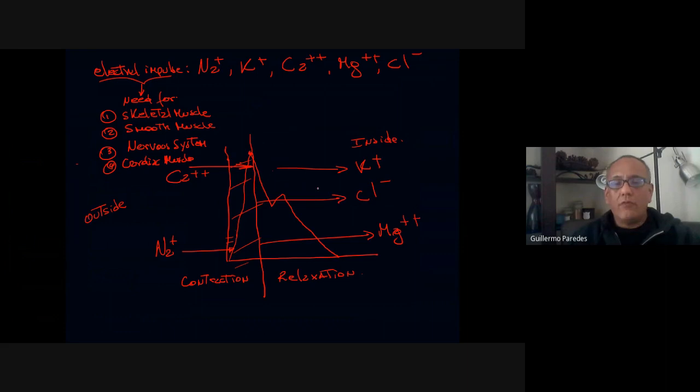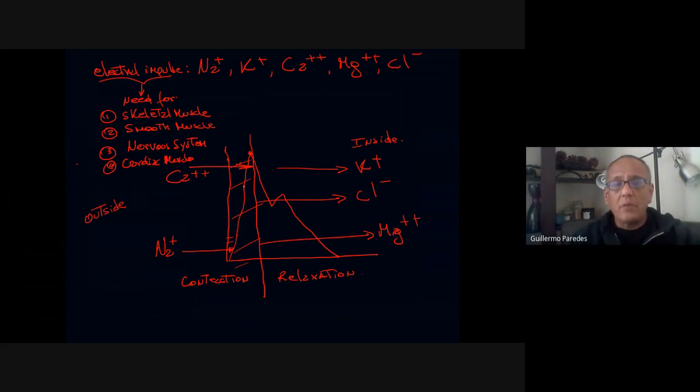All right, so this is what you must remember, please. They're going to come out of the cell: potassium, chloride, and magnesium. What is coming in? Sodium and calcium.